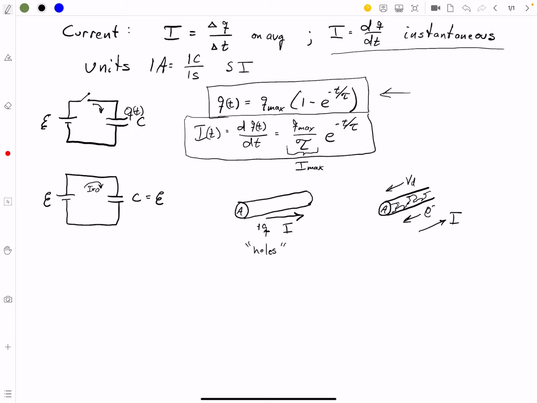This motion's called Brownian motion, for a fellow in the 1800s that came up with it. It's a random walk, they call it. So we have a v_d, for drift velocity.